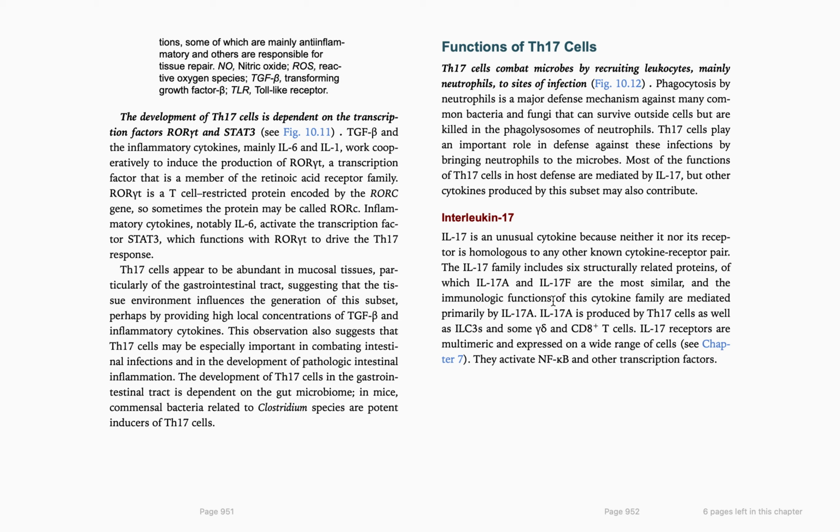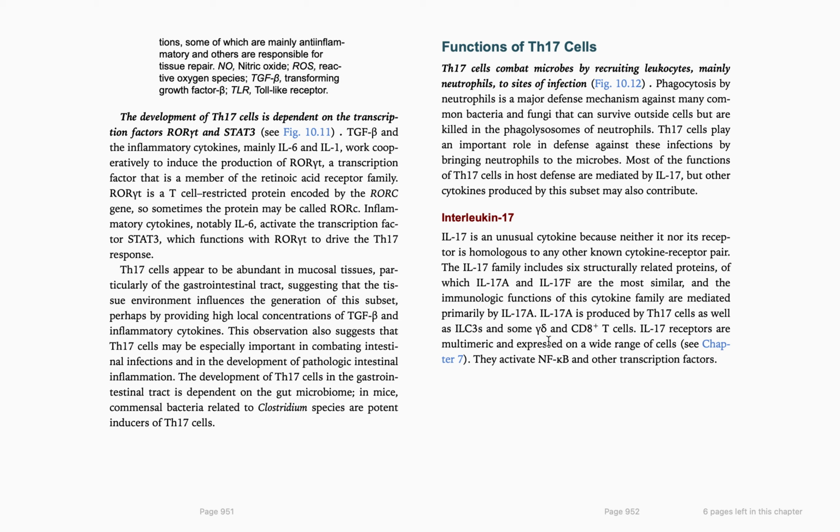The immunological functions of this cytokine family are mediated primarily by interleukin 17A, and interleukin 17A is produced by T helper 17 cells as well as innate lymphoid cells 3 and some gamma delta and CD8 T cells.